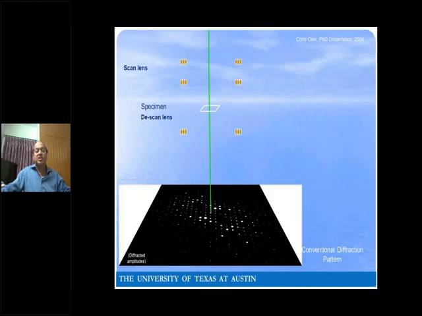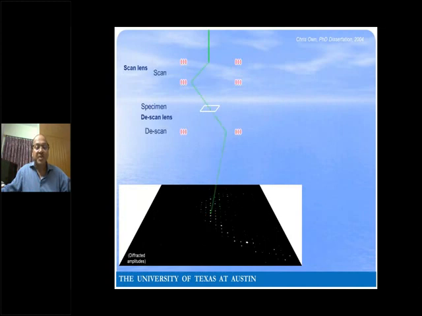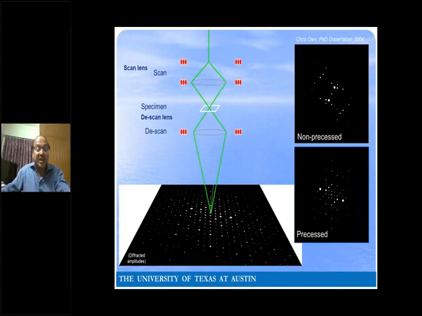This is all what Partha has explained, and this is what is called precision electron diffraction. You can see that we rock the electron beam on the top, which is done by the deflection coils. Then instead of a simple diffraction pattern like this, we excite so many other planes to get a pattern like this.